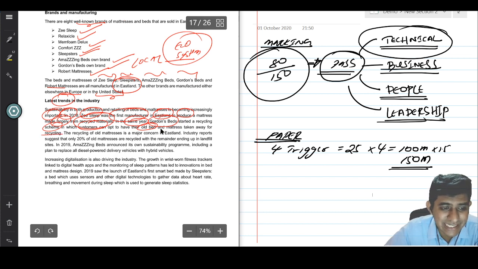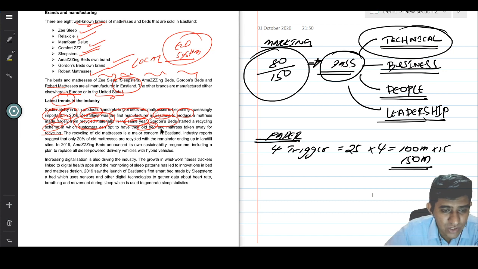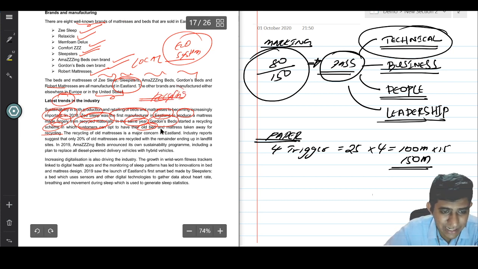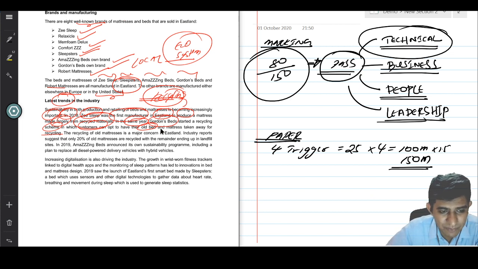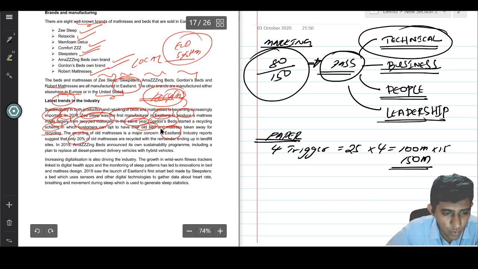So that is how the structuring of recycling starts. So students, there may definitely be a recycling scenario where they may ask you to do the analysis. The recycling of old mattresses is a major concern in the Eastland. Industry reports suggest that only 20% of old mattresses are recycled and the remaining are landfilled. So that is a sustainability issue.